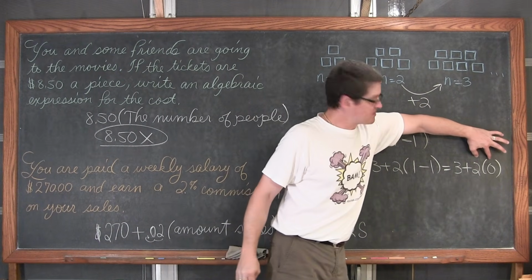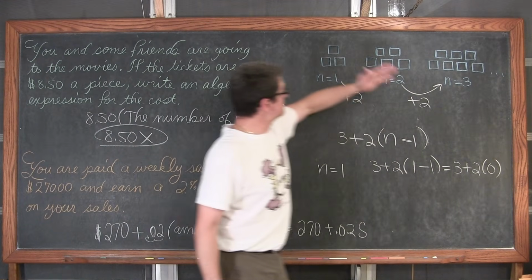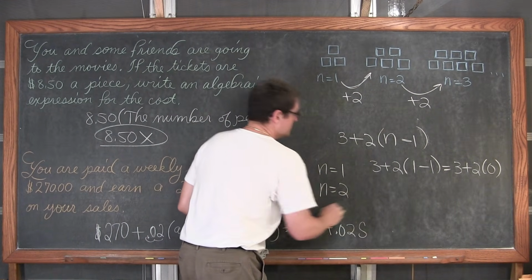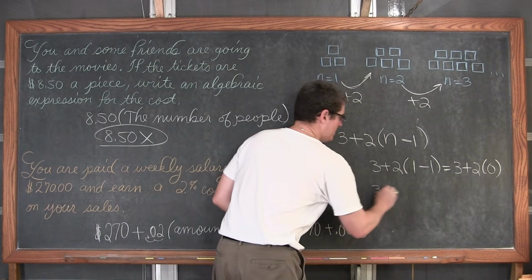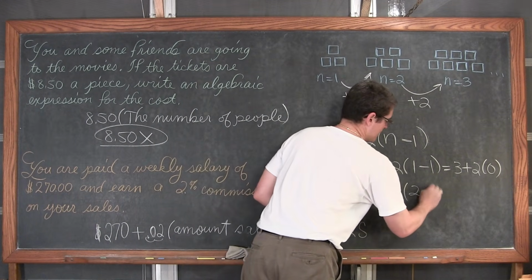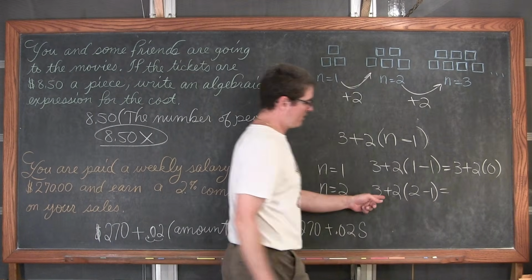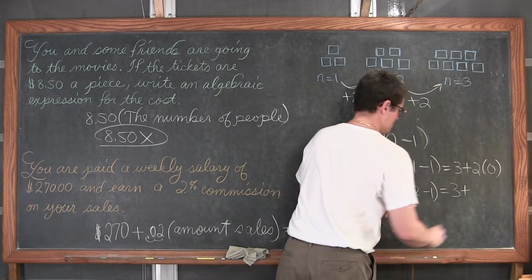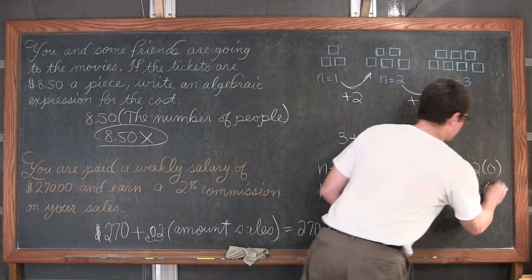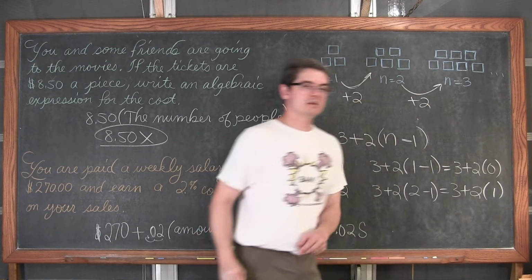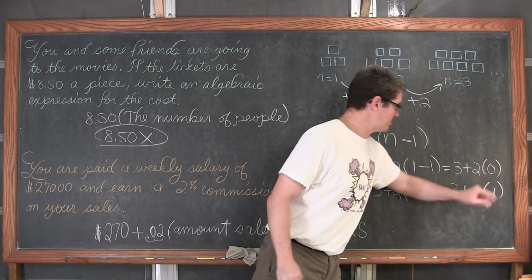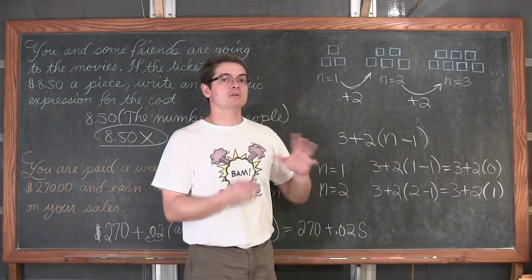Well, 2 times 0 is 0, and 0 plus 3 is 3. Well, what if n is equal to 2? Well, 3 plus 2 times 2 minus 1 is 1, and 2 times 1 is 2, and 3 plus 2 is equal to 5. So it seems to be checking out.